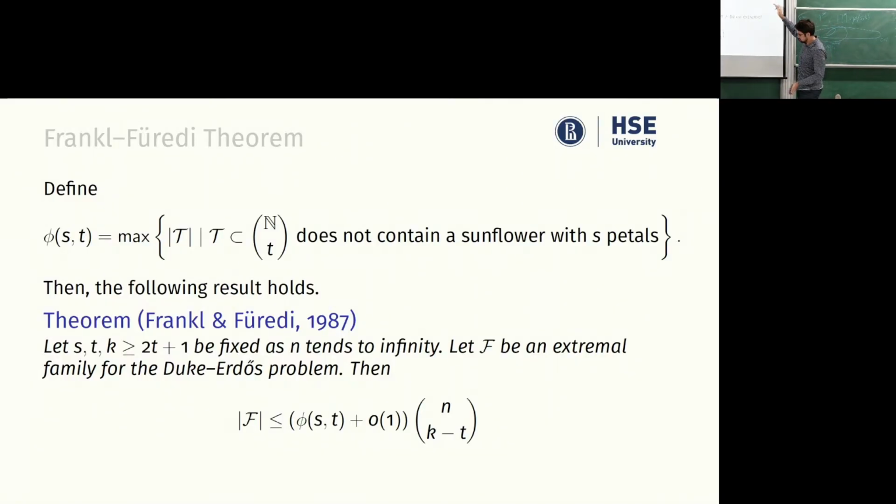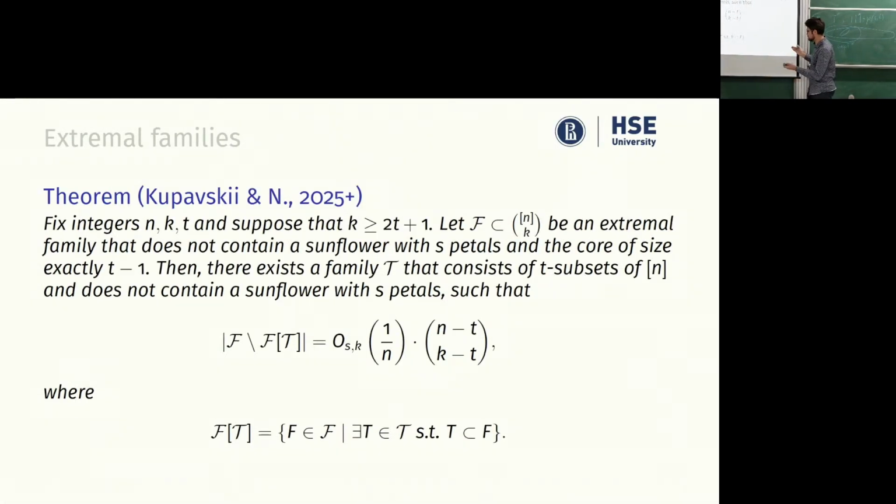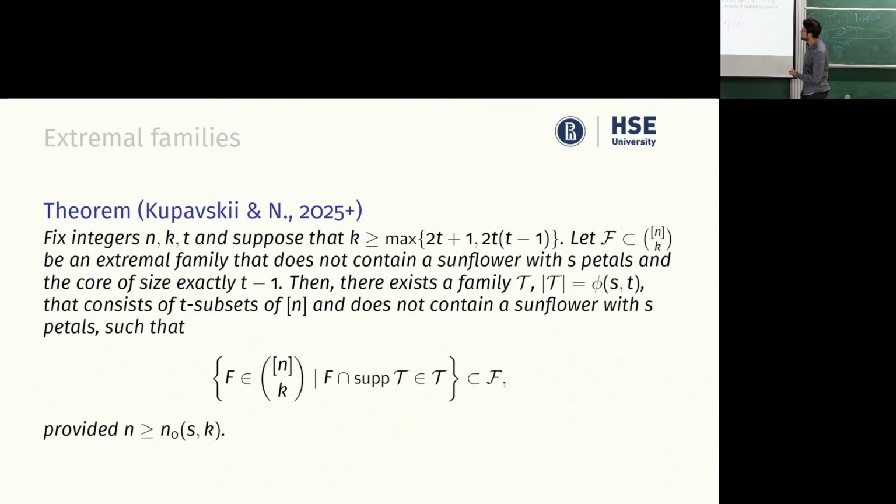It is a particular instance of another extremal set theory problem independent of K and N. So you have only two parameters here, T and S. Okay. But probably we could say even more than that.